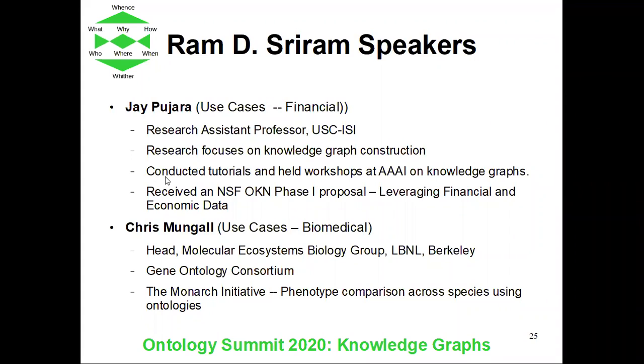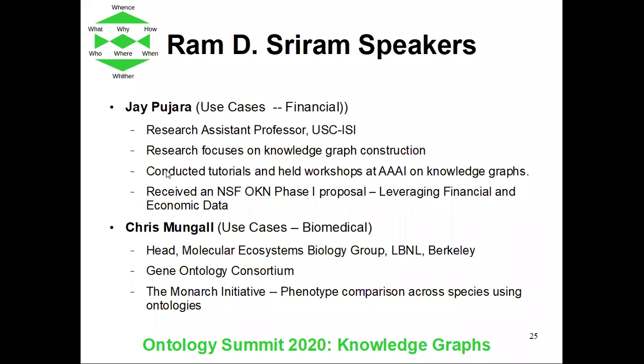Then we have Chris Mungall in the biomedical domain, and he is head of the molecular ecosystems biology group at Lawrence Berkeley National Lab. I think it's Livermore, I'm not sure, I think it's Lawrence Livermore Berkeley National Lab. And he also is one of the leaders of the Gene Ontology Consortium.